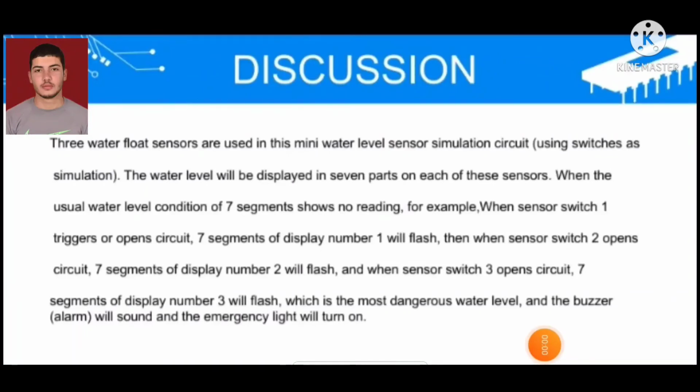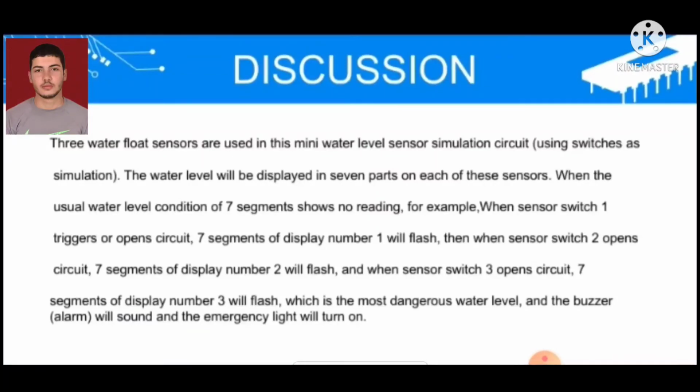My name is Rabia and I will do the discussion part. For the 3 water flow sensors, the water level will be displayed on the 7 segments for each of these sensors. When the water level is usual, the 7 segments show no reading. For example, when sensor switch 1 triggers or open circuit, the 7 segments display number 1 will flash.